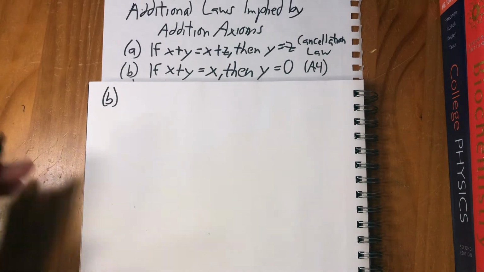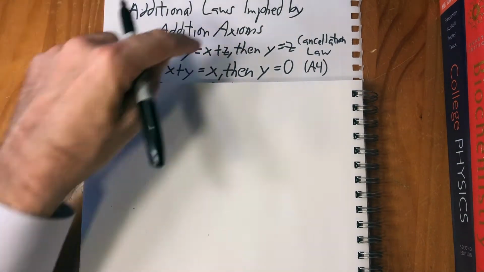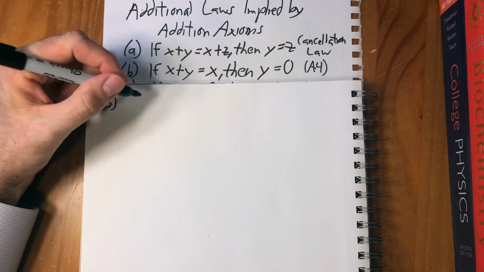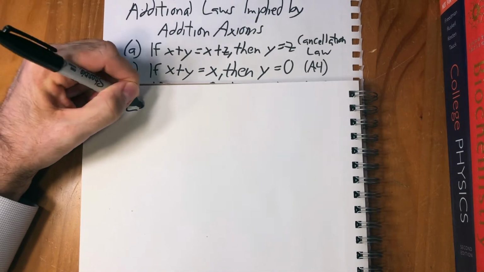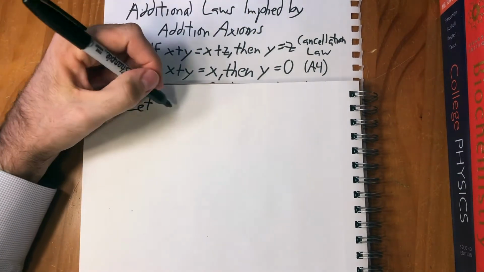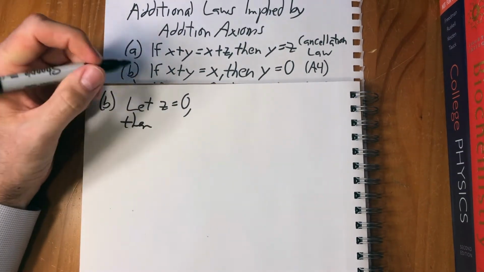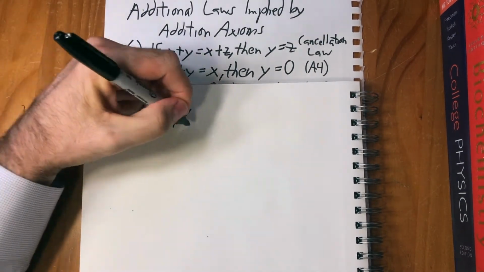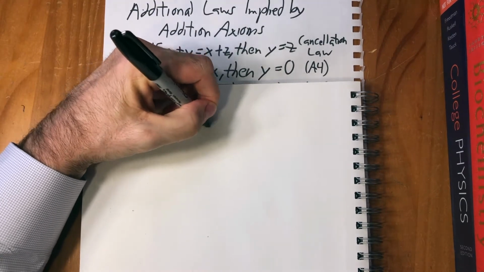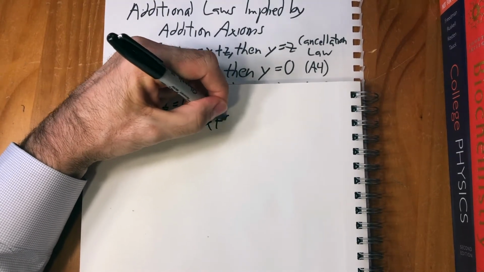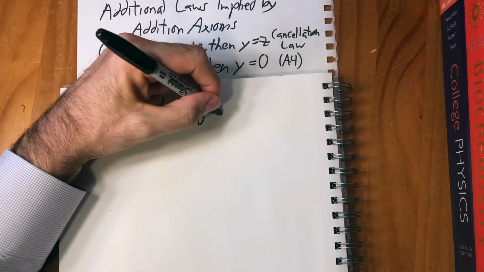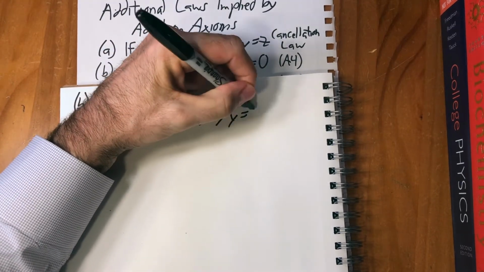If we start with A and let the z here equal 0, then x plus y equals x plus 0, which implies that y equals 0.